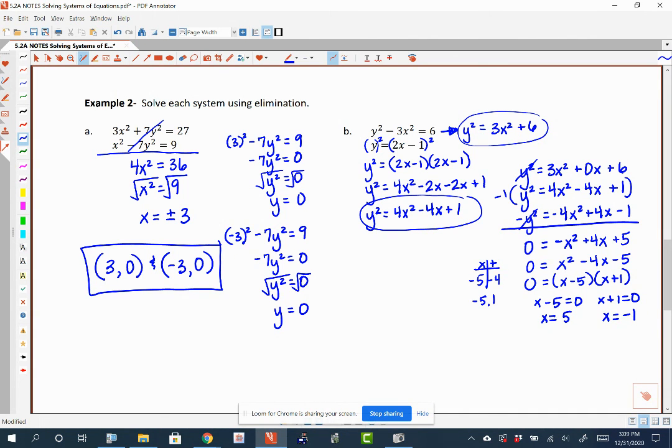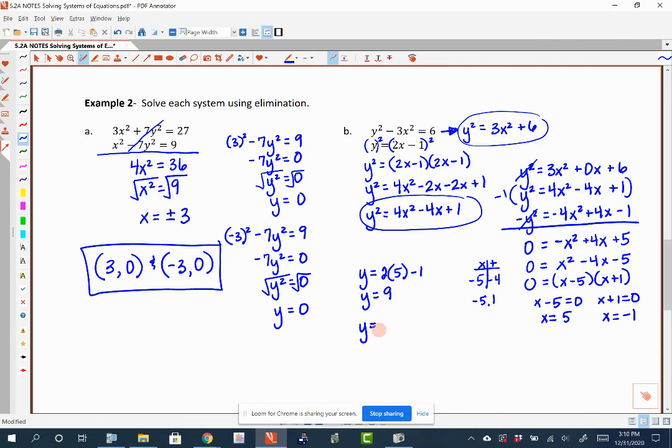So now we just need to plug these back into our equation. It can be plugged into either of the originals, or you could plug it into either of the equations we manipulated. I'd probably try and keep it easy on myself and probably go back to that linear equation, y equals 2x, and substitute in the 2x minus 1. So when I substitute in a 5, I end up with 10 minus 1, which is 9.